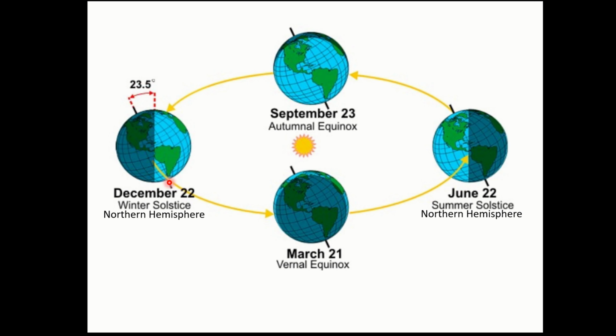And as the earth revolves around the sun, you have the vernal equinox happening during March, and as the earth reaches this portion of the revolution, the ecliptic, you have the summer solstice in the northern hemisphere, as the northern hemisphere is closer to the sun compared to the southern hemisphere, and therefore you have the winter solstice in the southern hemisphere.